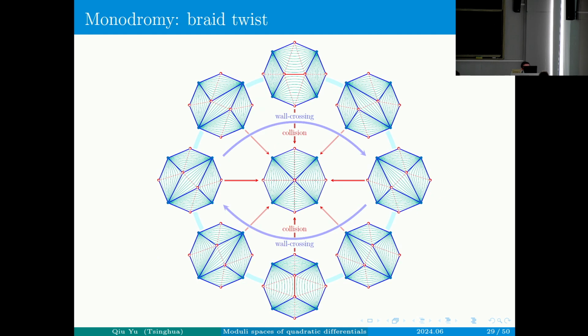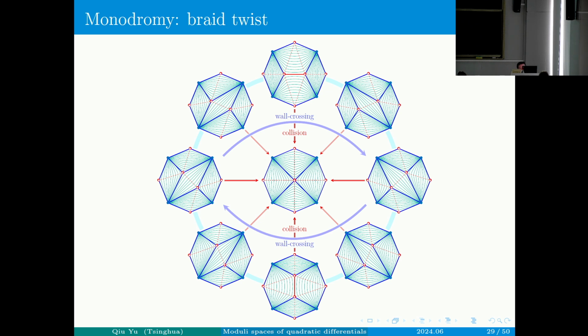So the first is the braid twist. Originally, we don't have this foliation. We just have this octagon, like this disk, which is the neighborhood of an arc, this red arc.